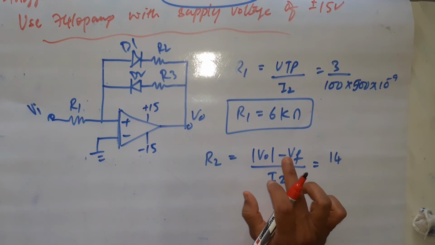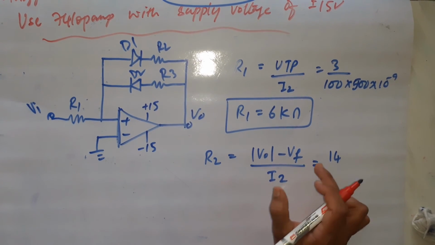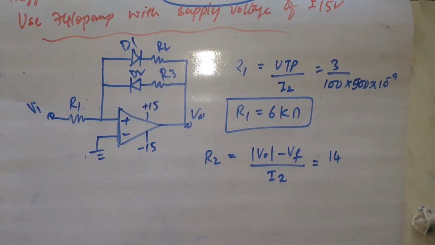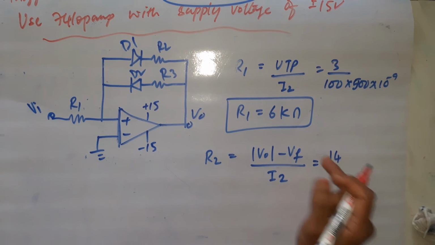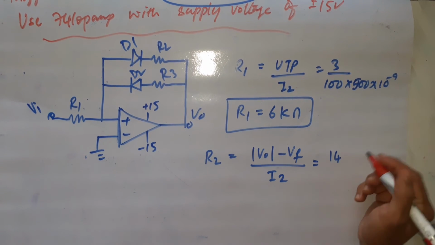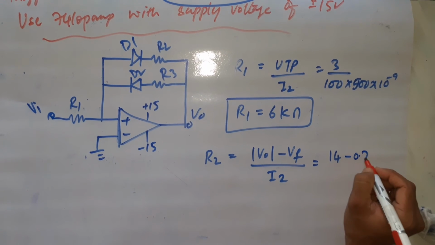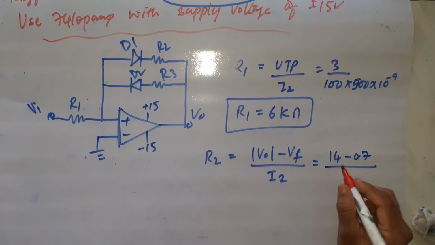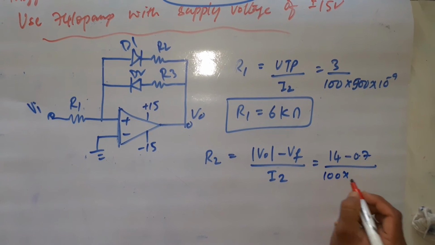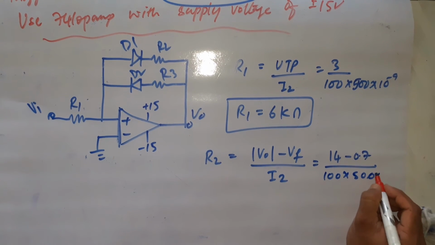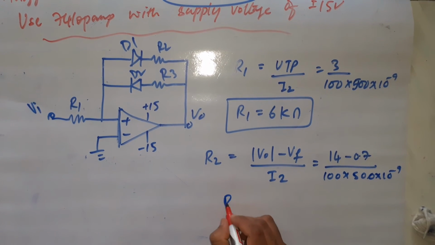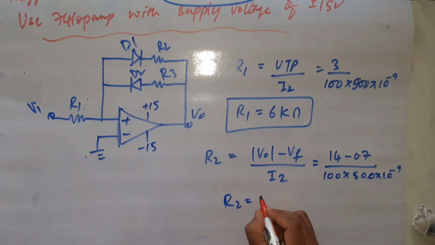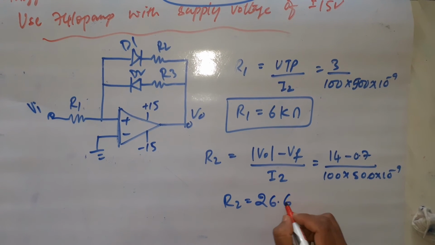So mind it. Like that we have done in our inverting Schmitt trigger circuit. So this is another way where you can get the values. Minus 0.7, I2 is the same, 100 times IB max. So this will give you R2 equal to 26.6 kilo ohms.